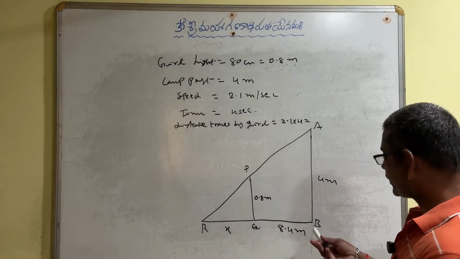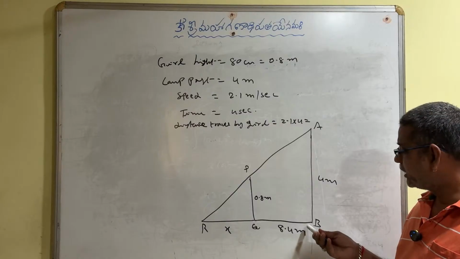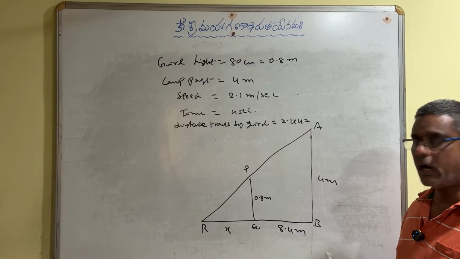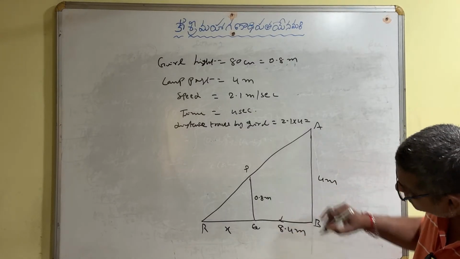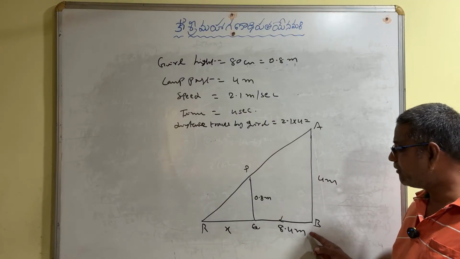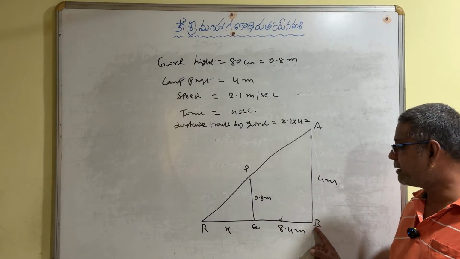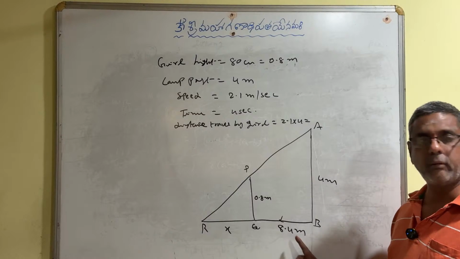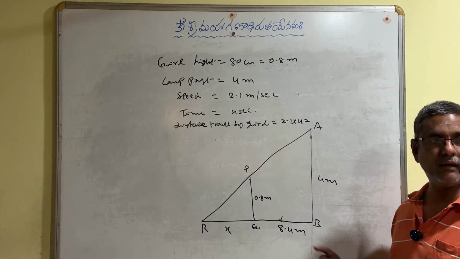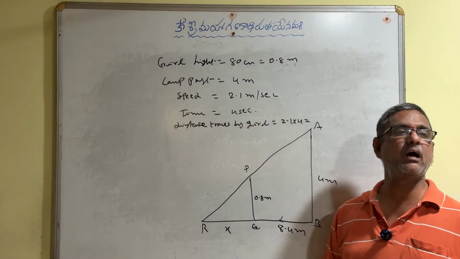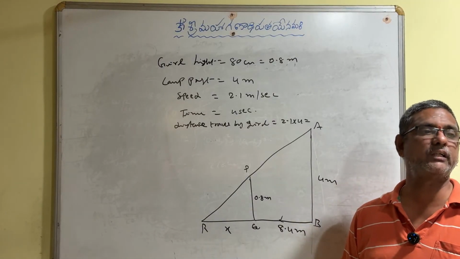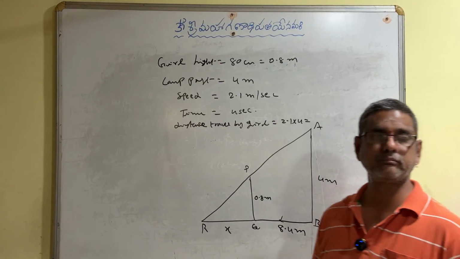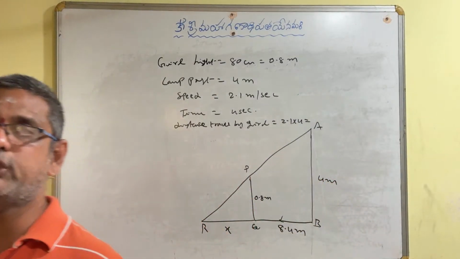So initially she was here at the base of the lamp post, and she walked away and traveled 8.4 meters from B to Q. Okay, na? Now QR is her shadow, and we need to find out its length. Height of the lamp post is given. Okay, na? This is what the question means.